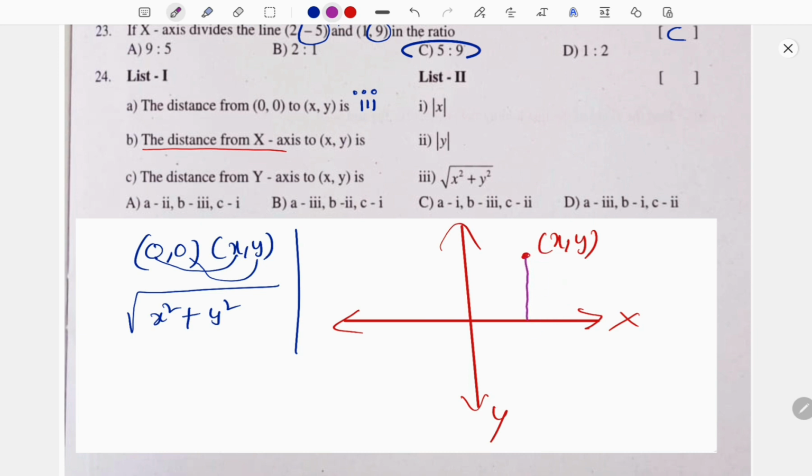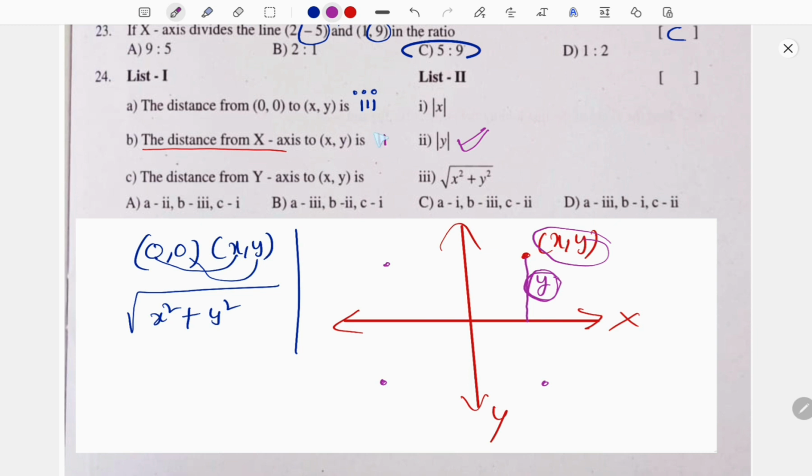This is the distance from the x-axis. Yes or no? What is the distance of this one? Yes, very good. Now this is y. But suppose the point (x, y) may be here or here or here, in any quadrant. That's why you can take that the distance is always positive, so you can simply take it as modulus y. Okay? Modulus y.